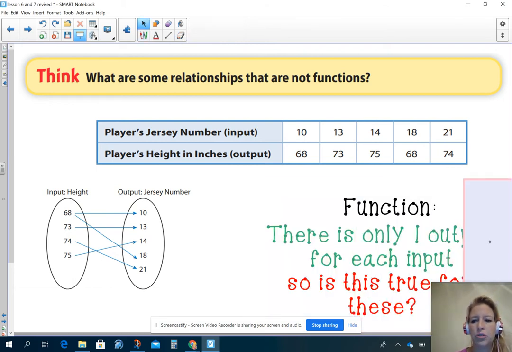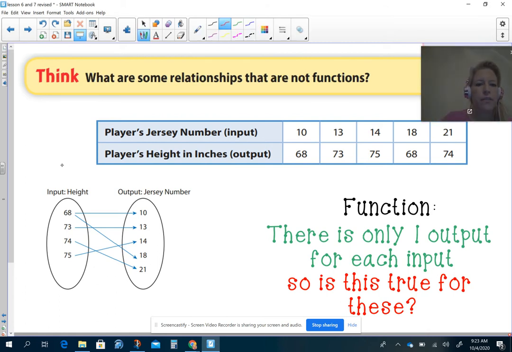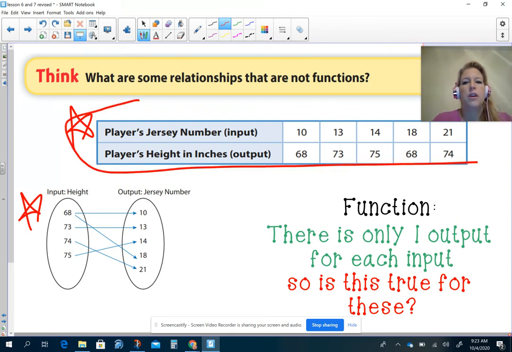We have to make sure that there's only one output for each input, okay? And which one is that true for? Is it true for this one or this one? It's true for this one. That's what makes this a function and this not a function.